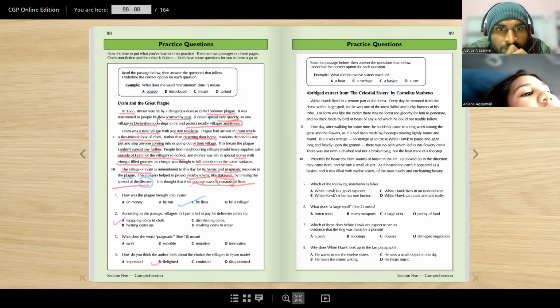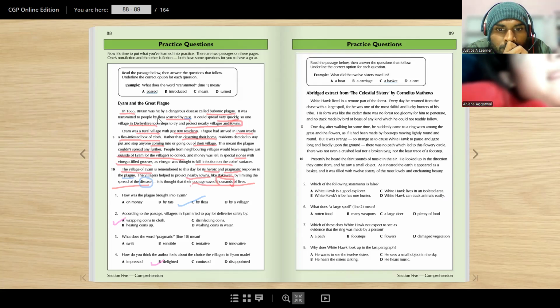So if you find the word coin, where's the word coin? Okay. So coin. Can I rub out all of this?